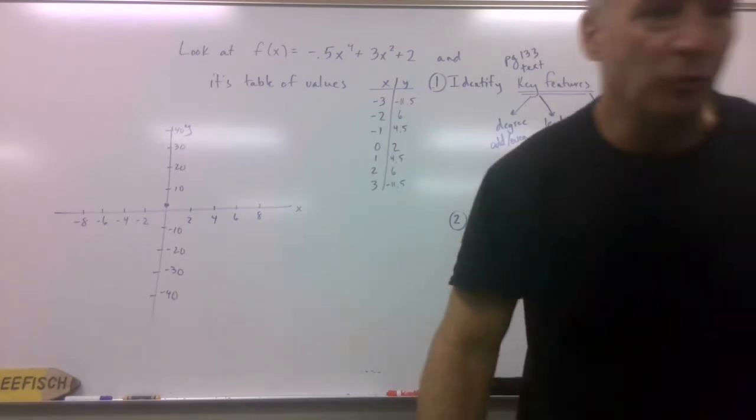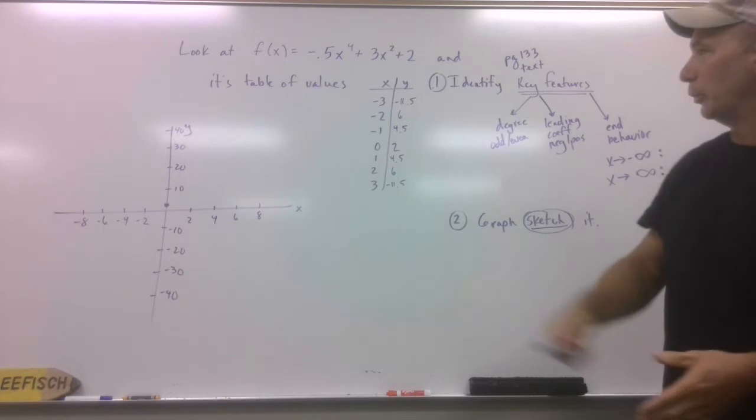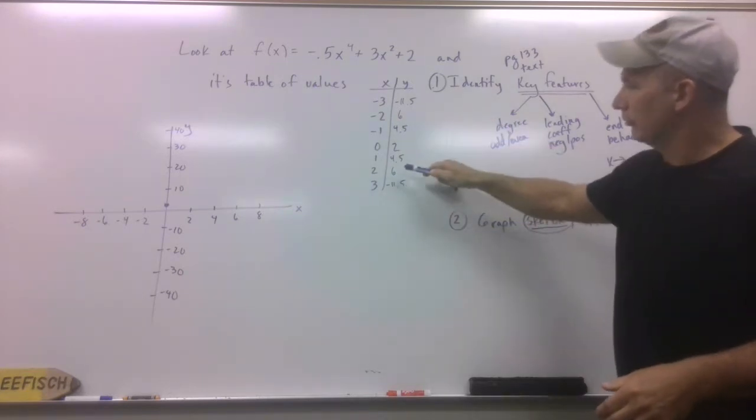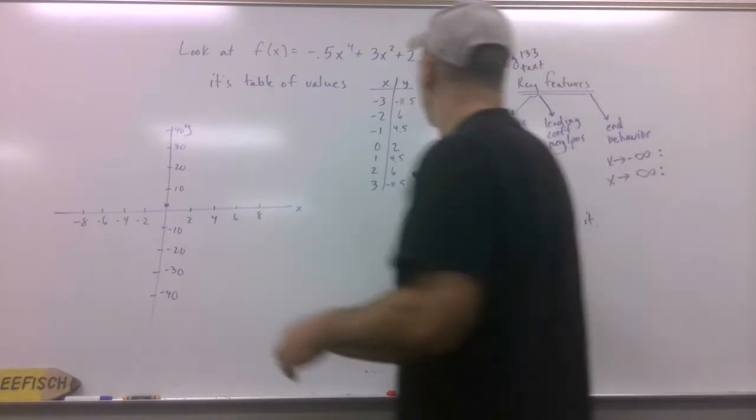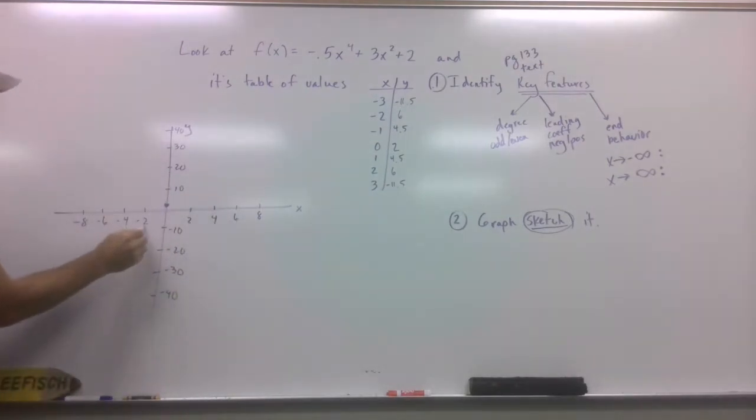So I'm just going to fill this in a second. Okay, so we're going to use information that I showed you during the pre-lesson in combination with these actual points. So with these actual points, I'm just going to plot them. (-3, -11.5) would be maybe right in there. (-2, 6) would be somewhere maybe here.